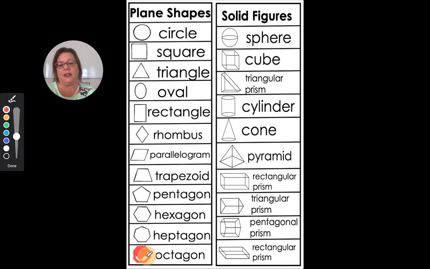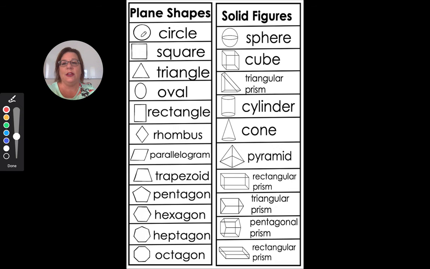So an octagon, that's a terrible job coloring. An octagon has 8 sides and 8 corners. So an octagon, let's spell that. Octagon.